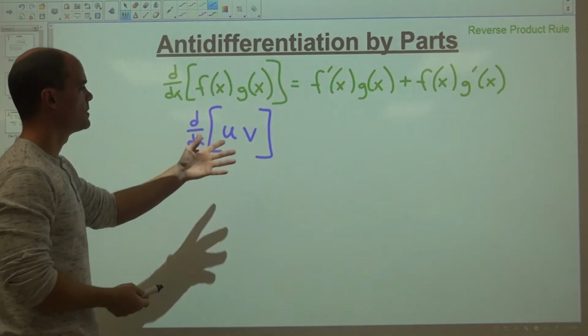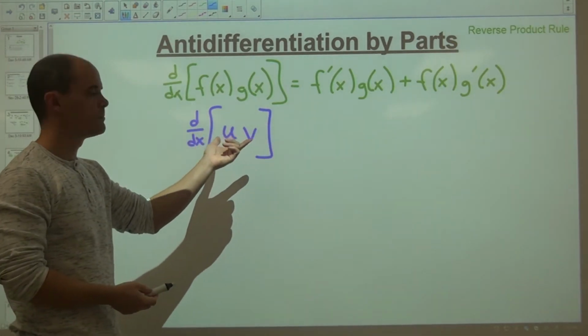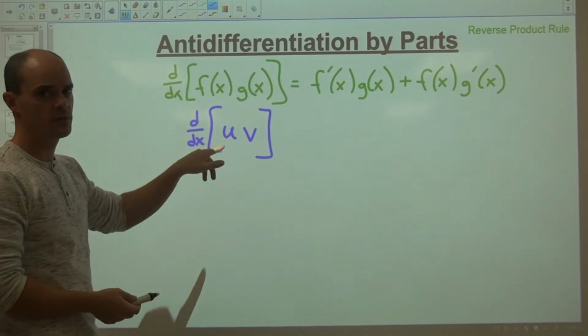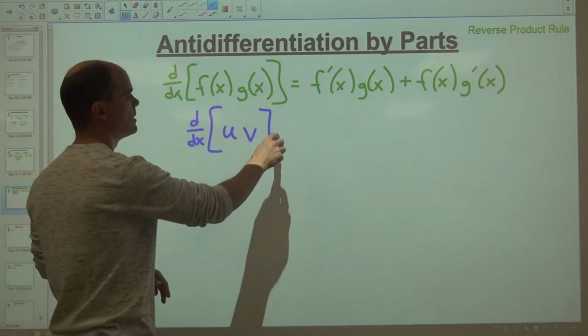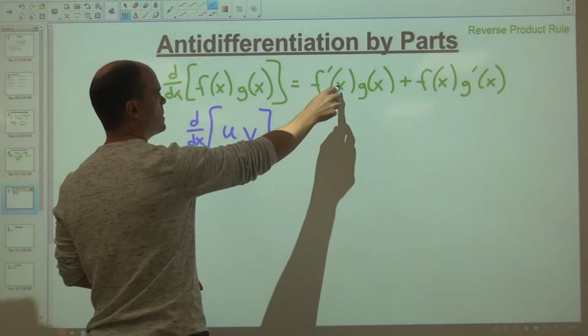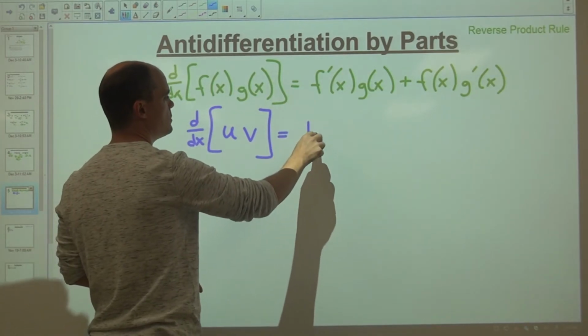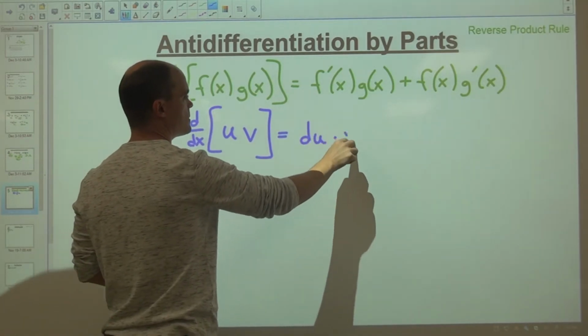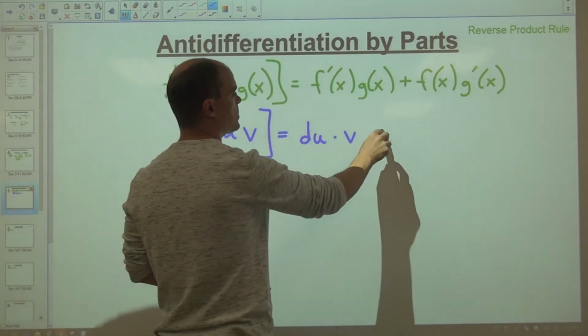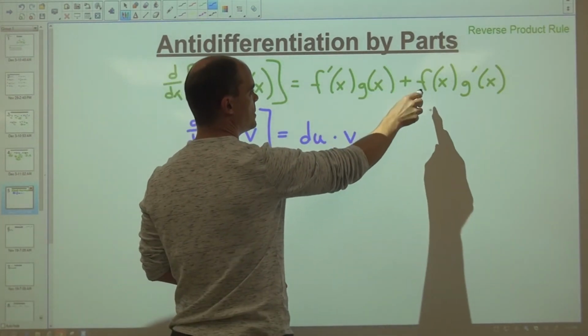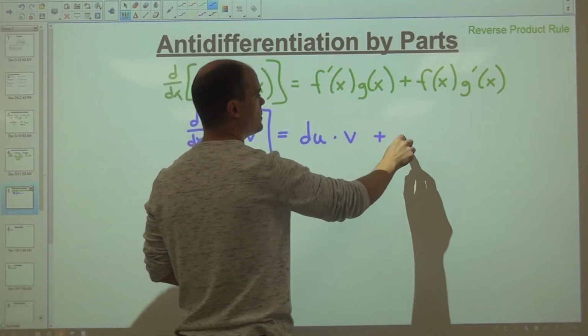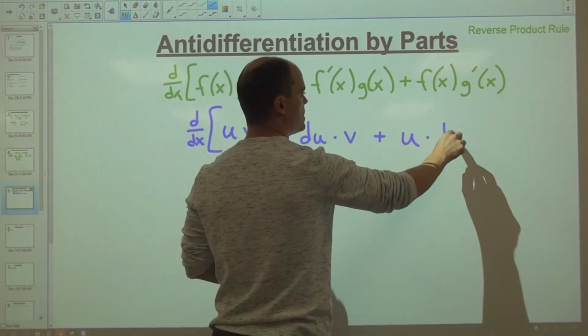This is not very conducive to penmanship. Obviously, these can be very easily confused, so you have to be very distinct in your lettering. So then what would this be? This would be du times v plus, and then this would be what? Well, now we're reversing this, so I have u times dv.